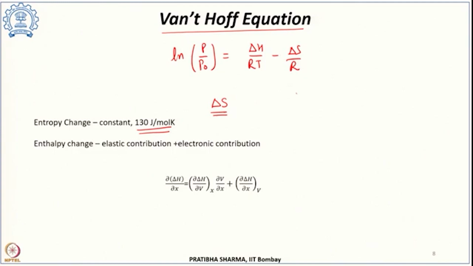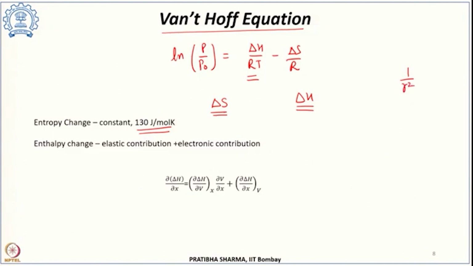However, if we see the other term, which corresponds to delta H, this enthalpy change has two contributions. When hydrogen enters into the host metal matrix, there is a sort of repulsive force that acts in the lattice, because the incorporation of hydrogen causes a distortion of the lattice, which is experienced as a repulsive force.